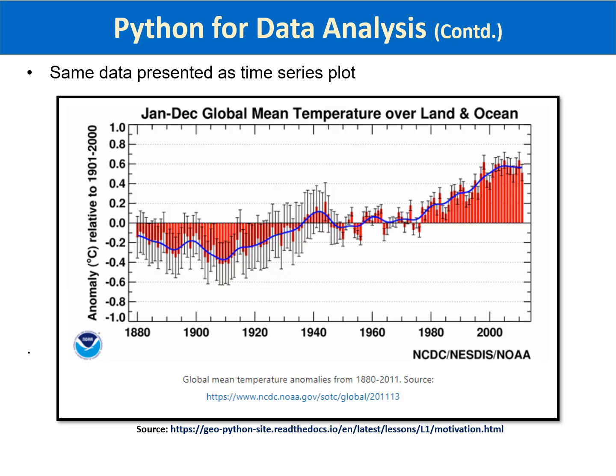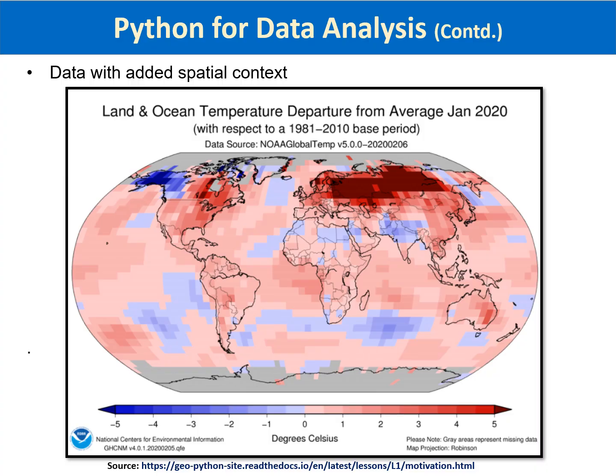When the same data is plotted and presented as a time series plot, we can derive meaningful information of how the temperature anomaly has varied over a period of time. And when you add spatial context to the data and present it in the form of a spatial map, it adds much more value to the information provided by the data.